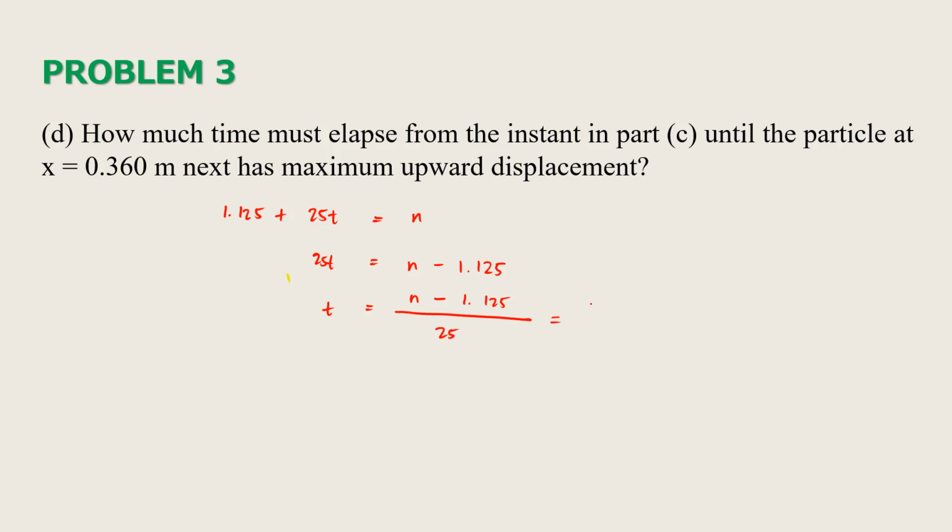This is equal to n over 25 minus 1.125 over 25. This is 0.04 n minus 0.045.